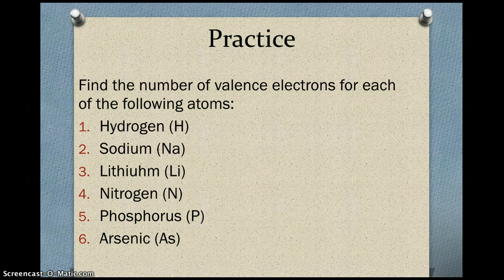Find out what the last energy level is, and then add all of the electrons in the final energy level, and that will give you the number of valence electrons. So do that for all of these on this page. And then when you're done with this page, you can stop and get my attention or Miss Duran's attention.